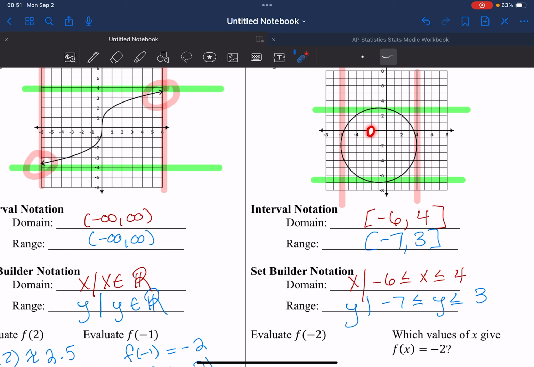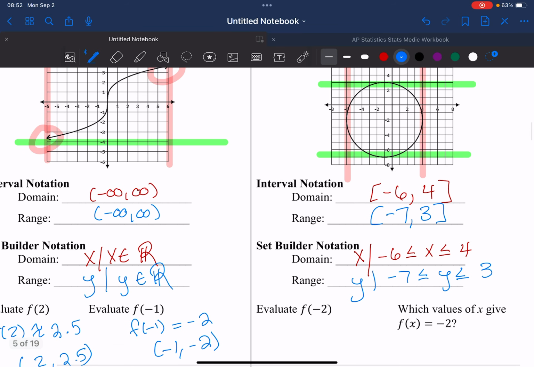So when I go up, I hit it at about 2.9. And when I go down, I hit that graph at about -6.9. So I have two approximations here. So I have f of -2 is approximately 2.9, and f of -2 is approximately -6.9.